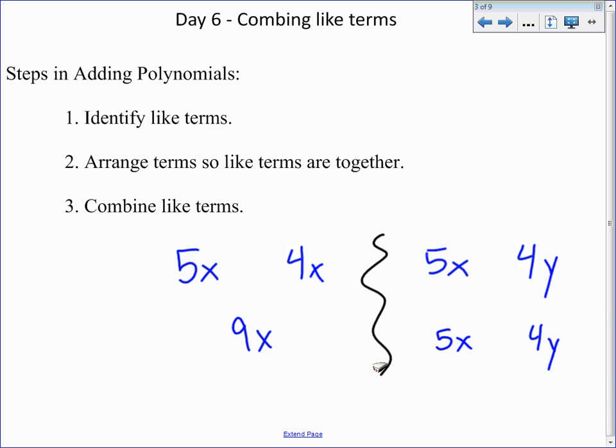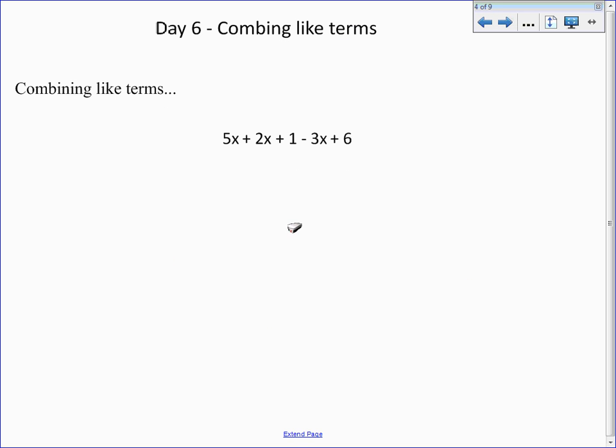So keep in mind, in order to combine like terms, you have to have the exact same variables, and the variables must have the exact same exponent. So if we look at an example here, what we're asking ourselves is, which ones have the same variables?